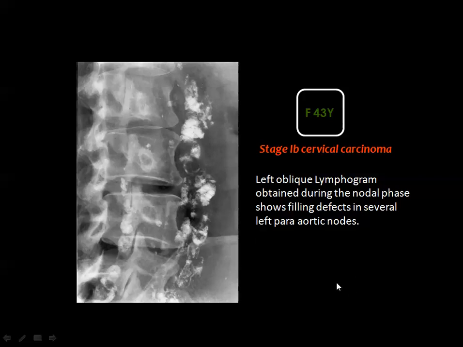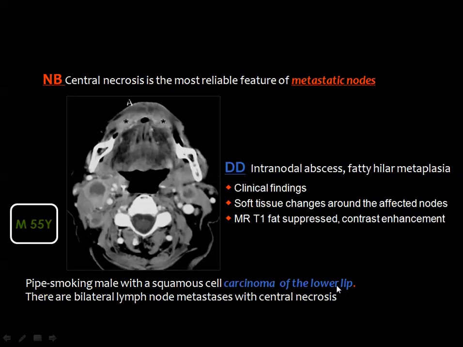Then central necrosis is the most reliable feature of metastatic nodes. And this central necrosis, in my opinion, is somewhat different from the central necrosis seen in inflammatory nodes, but this is not pathognomonic.